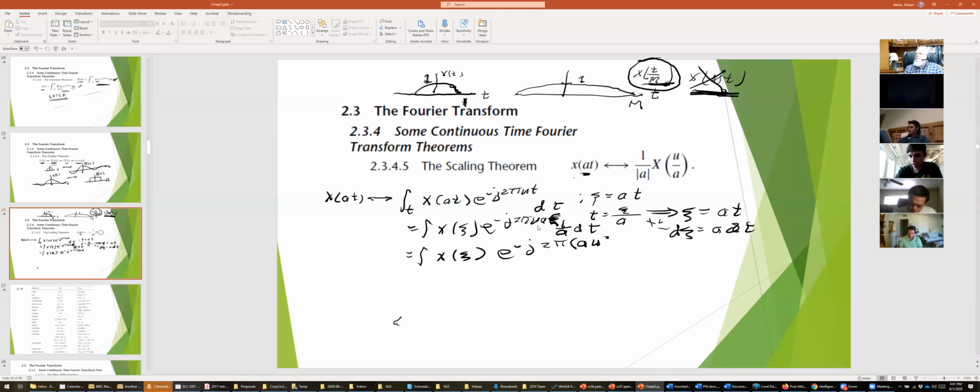Did I get that wrong? I did get this wrong, didn't I? Two pi u, this should be t, but what is t? T is C over A. I screwed that up.